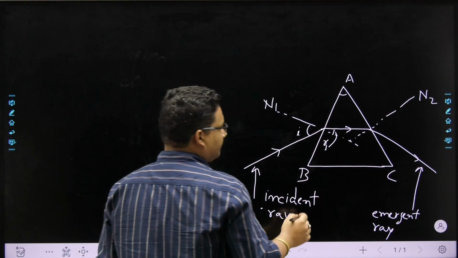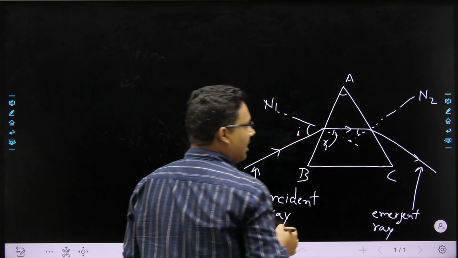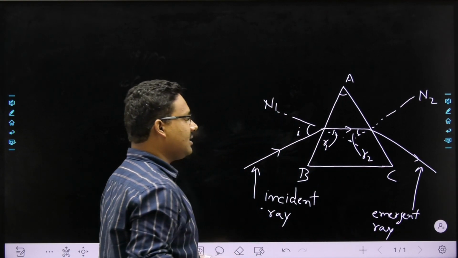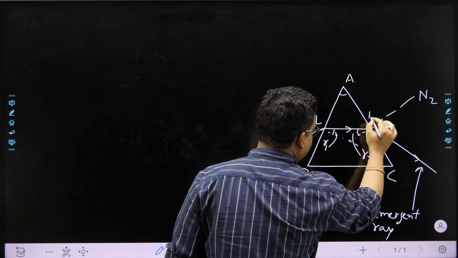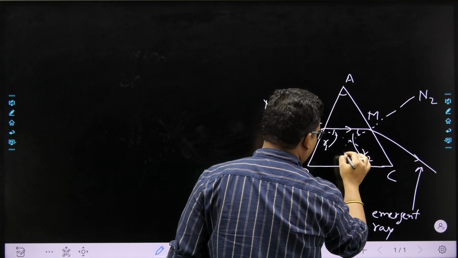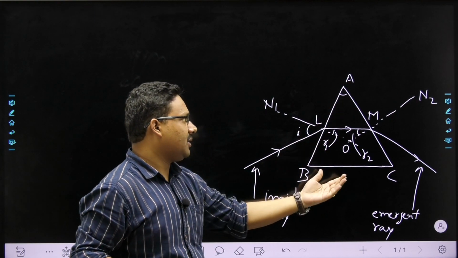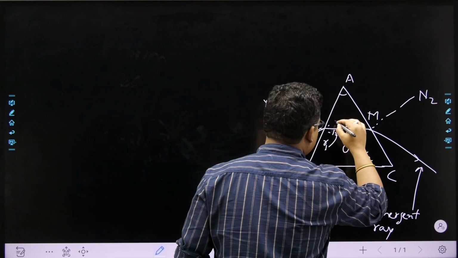Let us take this second angle as R2, this point as L, this point as M and this point as O. Now, if the prism were not there, this ray would go like this.